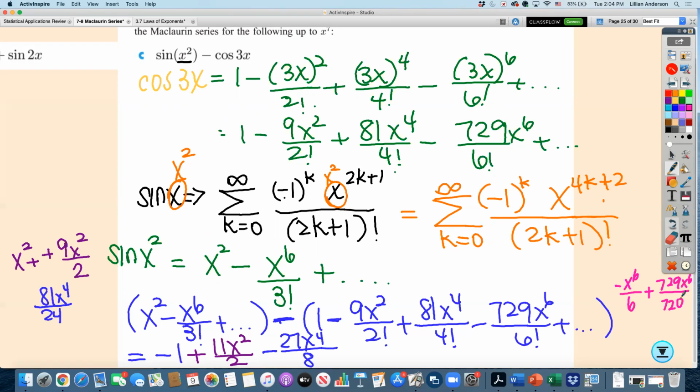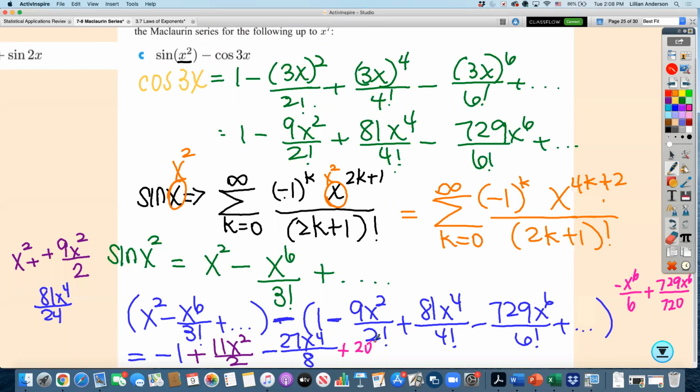Add those up and reduce and tell me what the last term is of my series. So when I add the pink, that ends up being negative 120 x to the 6 over 720 plus 729 x to the 6 over 720. That reduces to be a positive or negative.